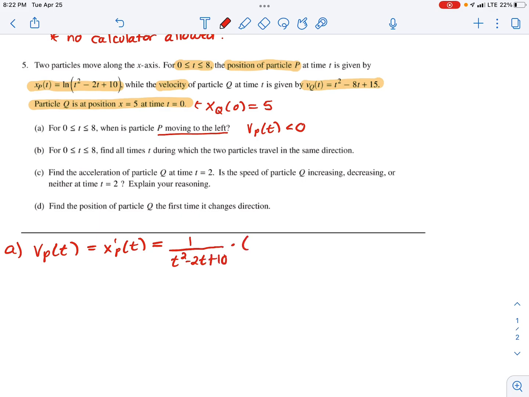And then times the derivative of the bottom, which is 2t minus 2. So I'm getting 2t minus 2 all over t squared minus 2t plus 10.